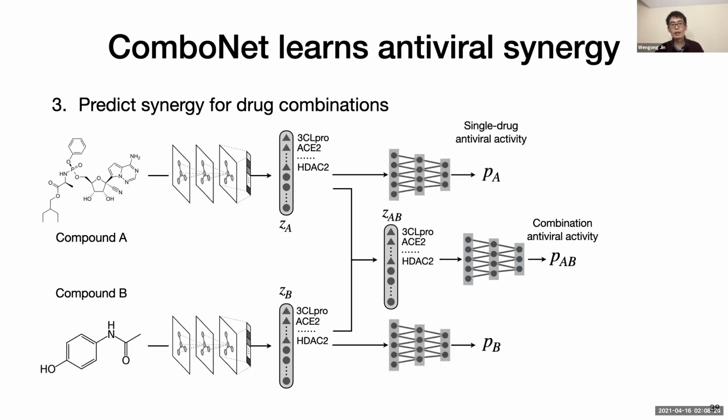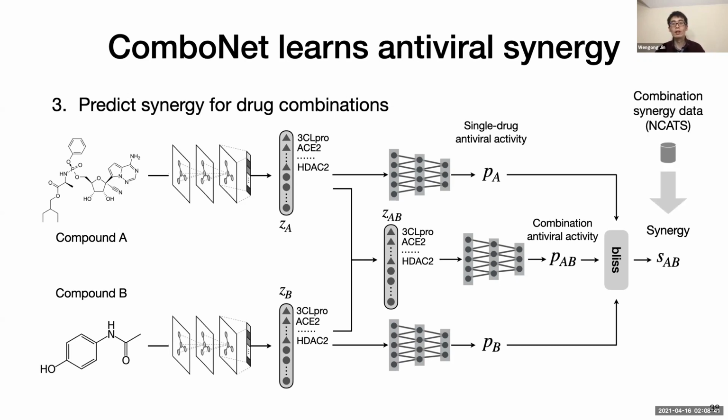I can then compare this score with the other two scores, right? Basically, if P_AB is much greater than P_A plus P_B combined, then it is synergistic, right? So I can train this model end to end using a handful of drug combination synergy data.